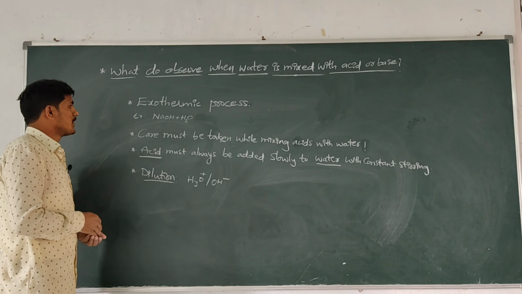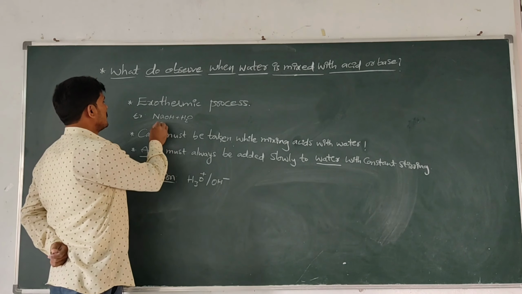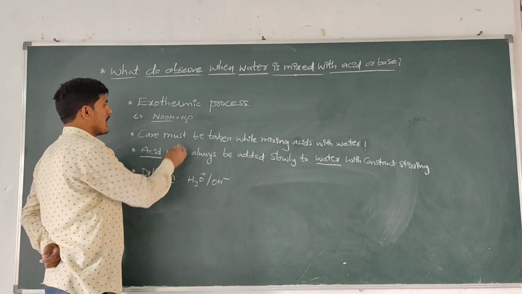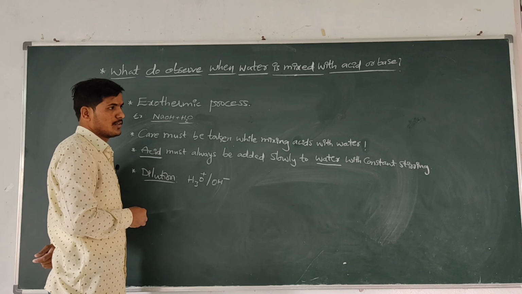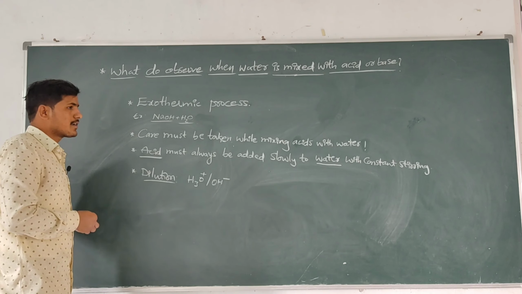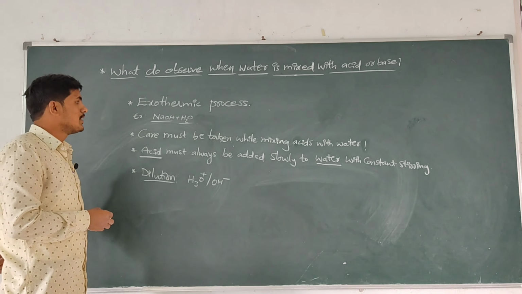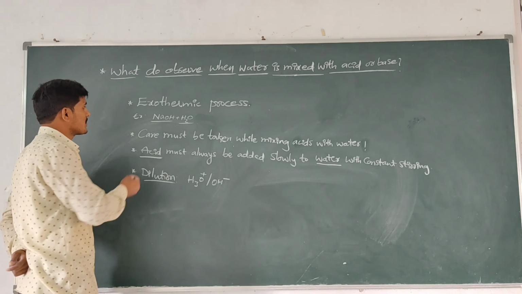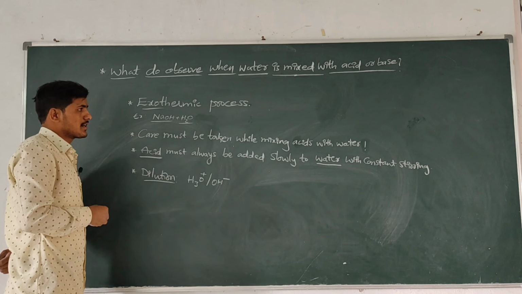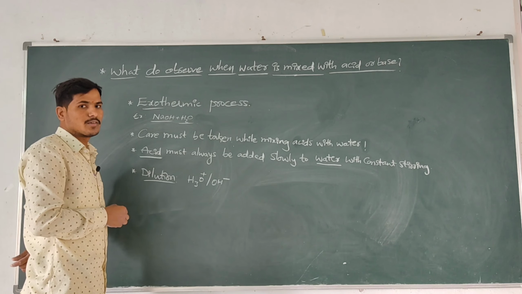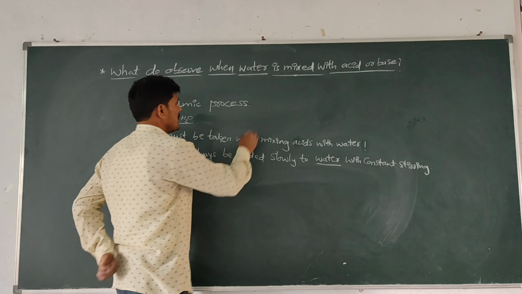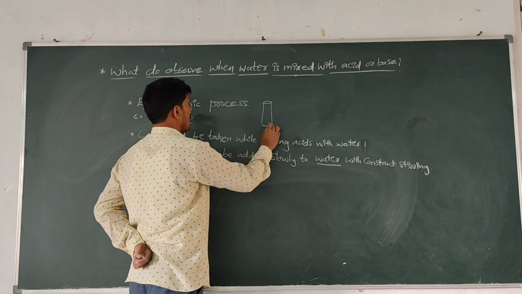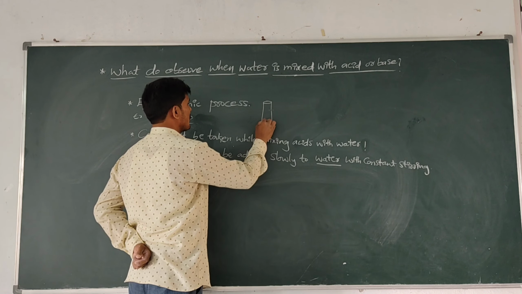For example, take a test tube and add sodium hydroxide pellets into the test tube and add a few ml of water. When the sodium hydroxide pellets dissolve in the test tube, it will produce some heat energy. This process is called an exothermic reaction or exothermic process. Once again, take a test tube and add a few sodium hydroxide pellets.